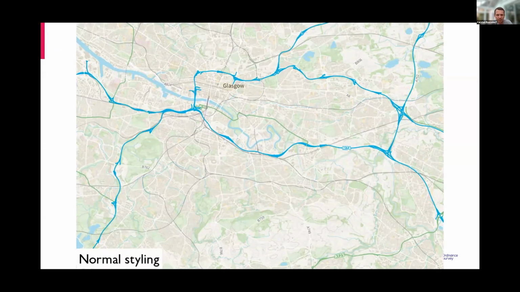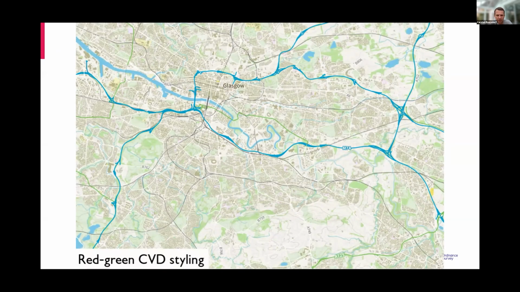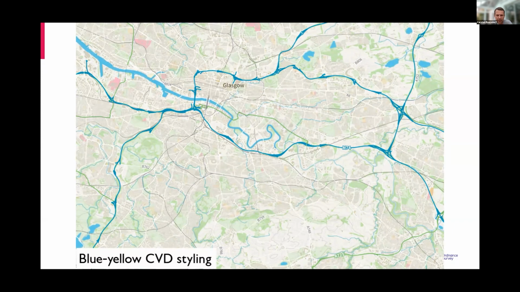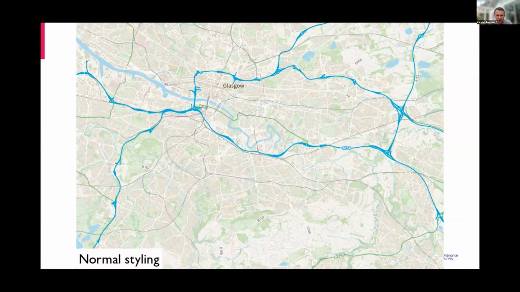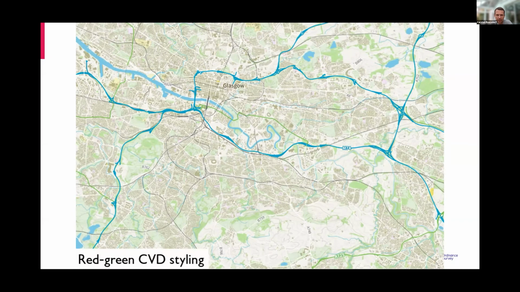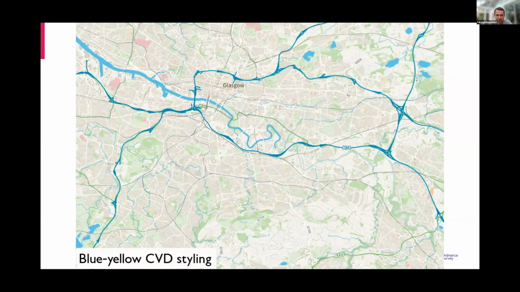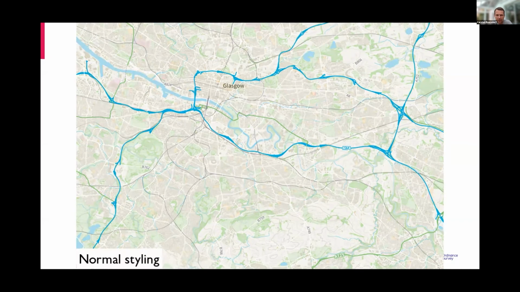And this is an animation between the different views, so you can see the normal styling, which we see on the screen now, and then the stylings that would account for color vision deficiency.